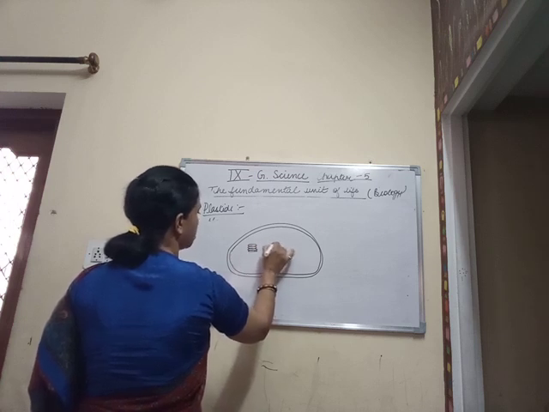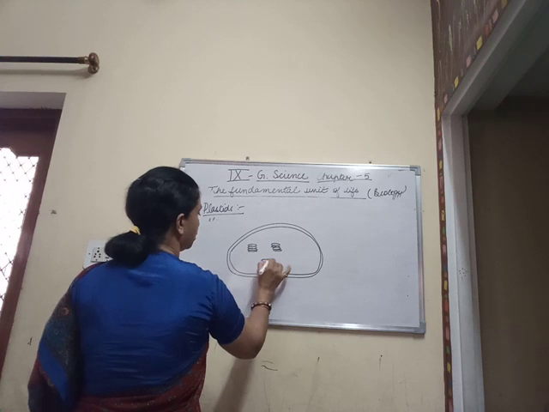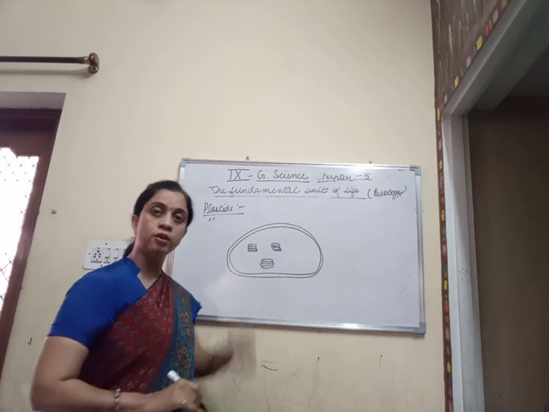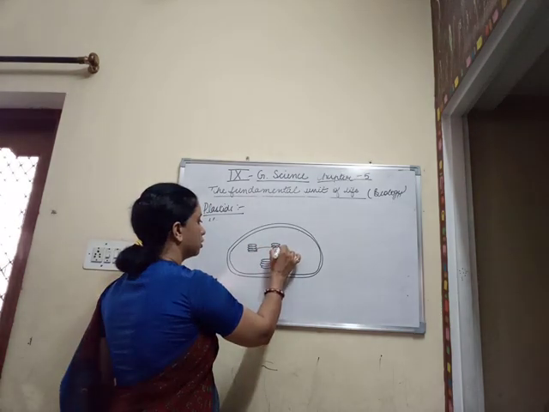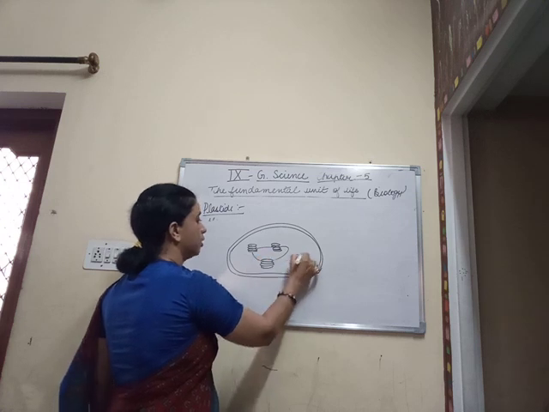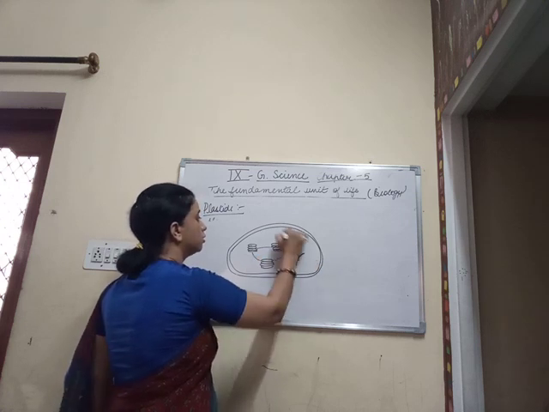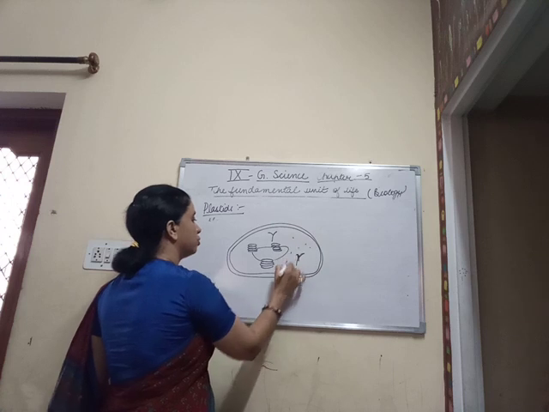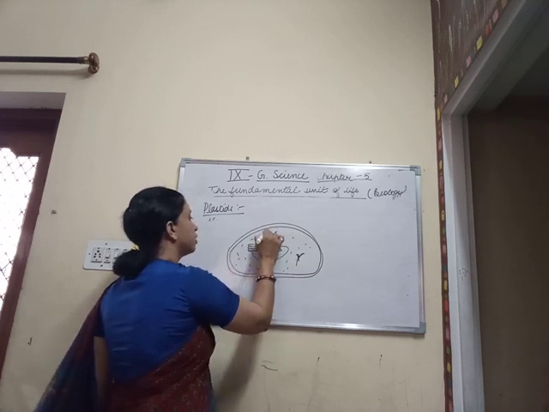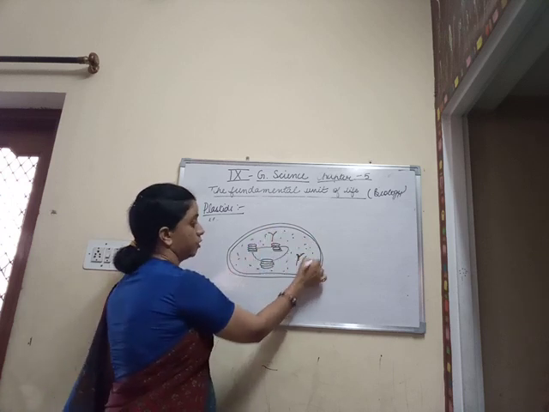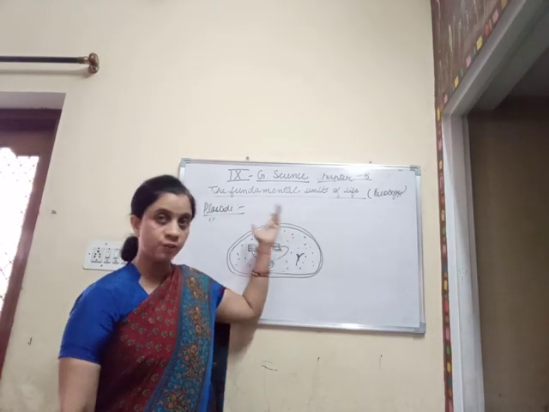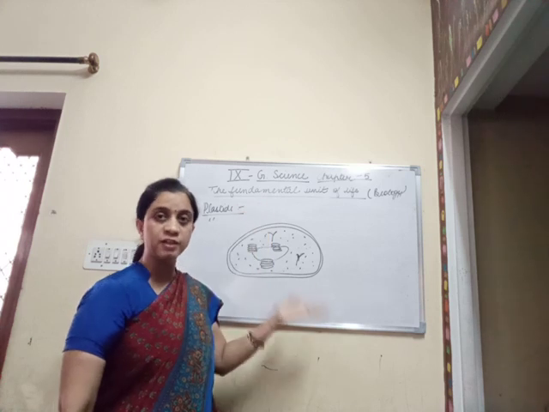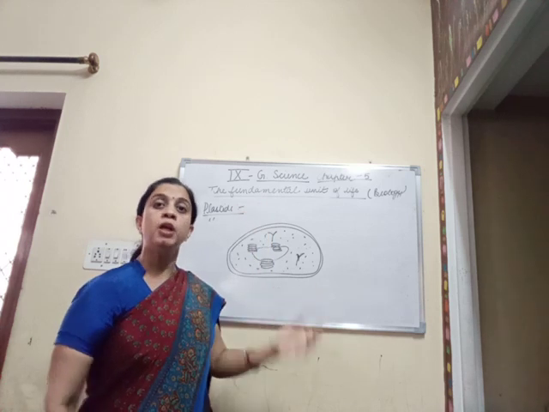This diagram is not given in your NCERT, but it is given in your higher classes books. This is the stroma and the lamellae, and it also contains the DNA and ribosomes of its own. Basically, there are two cell organelles which possess DNA and ribosomes of their own: one is the mitochondria, as we studied in our previous video, and the second is the plastid. Both of them are double membrane structures.